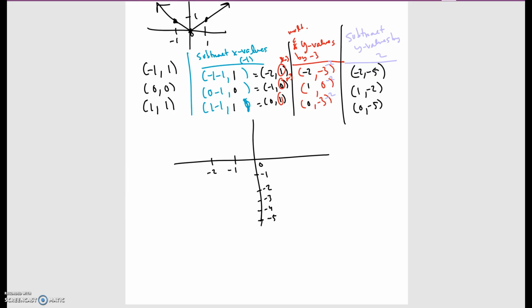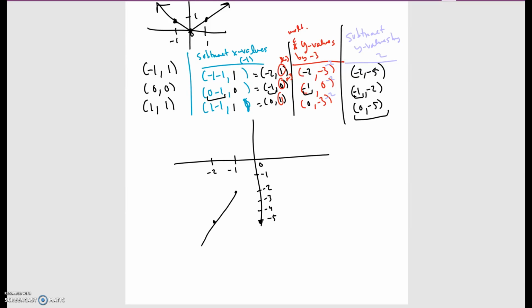So I'm going to write -2, -5 here. Then -1, -2, oh, I forgot the negative, so this should be minus also. So here's -1, -2. I made a mistake, right? 0 minus 1 is actually -1. So I goofed. Okay, and now the last one, 0, -5. So here's 0, and here's -5.